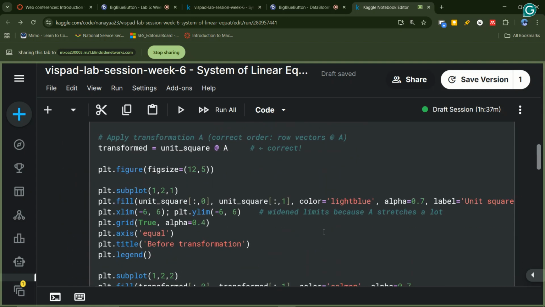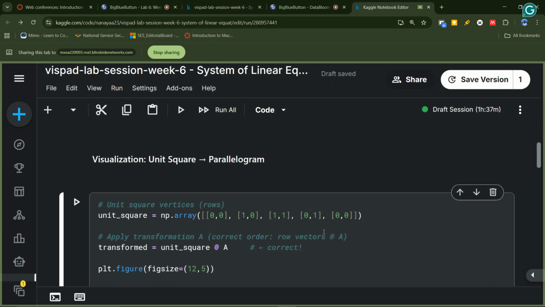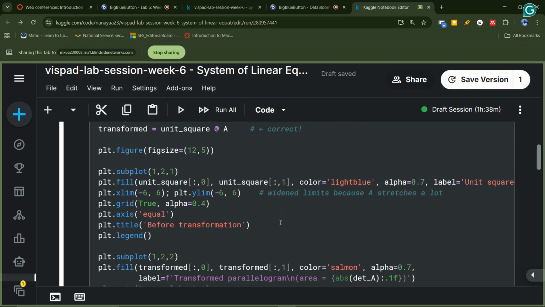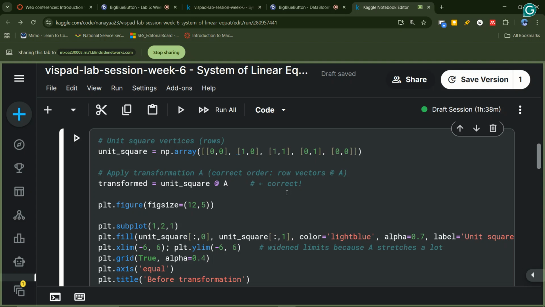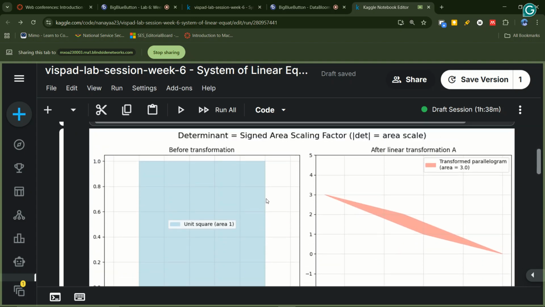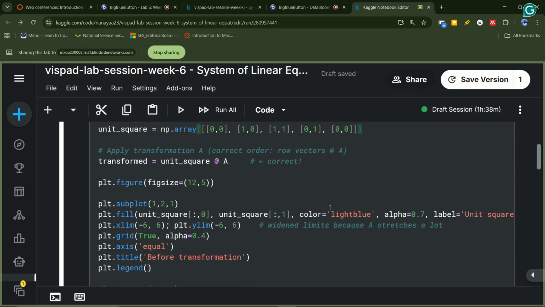So this one is just some visualization. No need to really understand the code that is happening here. This is just some unit area, some array of some matrix we defined to get a unit square, a matrix or Python list of lists.